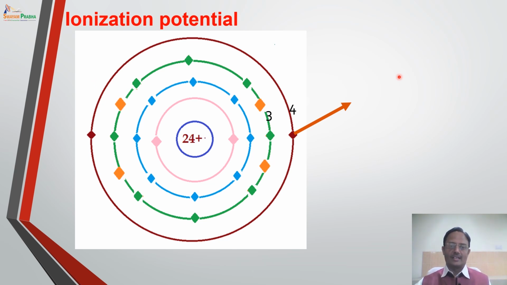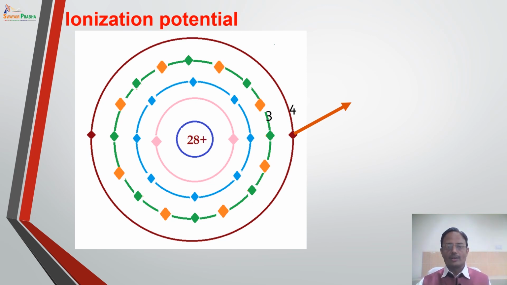Now two things are taking place. The nuclear charge is increasing, thereby the force of attraction between the nucleus and outermost electron should increase. But at the same time, since electrons are added to the penultimate shell, the shielding effect is also increasing. And since the shielding effect is increasing continuously in each element, there is a compensation of nuclear force and shielding effect.